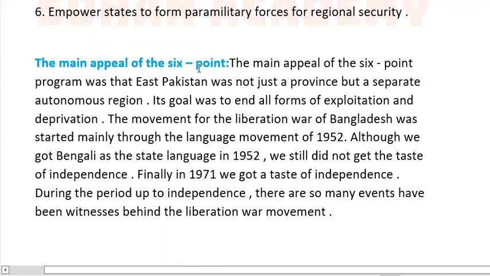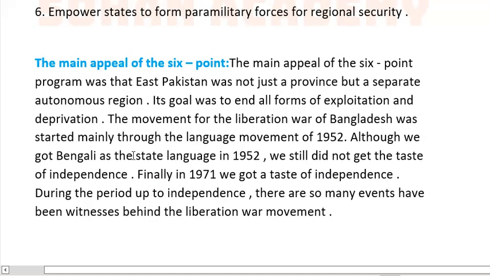The main appeal of the 6 point program was that East Pakistan was not just a province but a separate autonomous region. Its goal was to end all forms of exploitation and deprivation. The movement for the liberation war of Bangladesh was started mainly through the language movement of 1952.